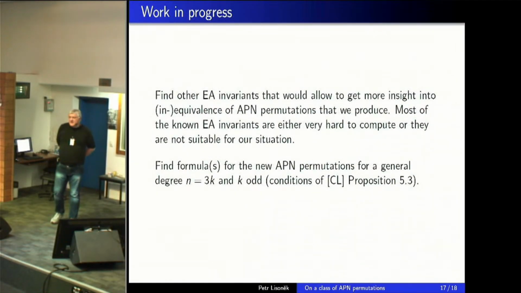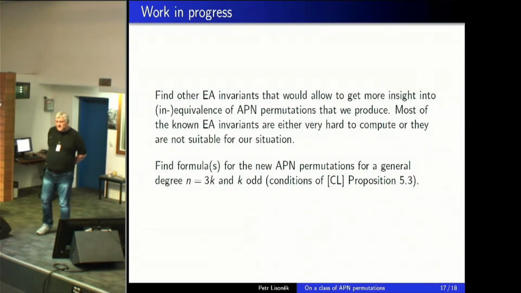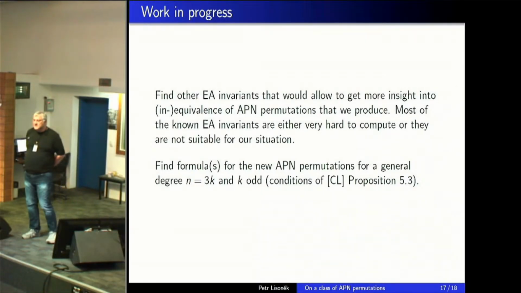So it's still very much in progress. What I would like to do from here on is kind of obvious. It would be nice to have some other EA invariants that could be employed for assessing the EA equivalence.